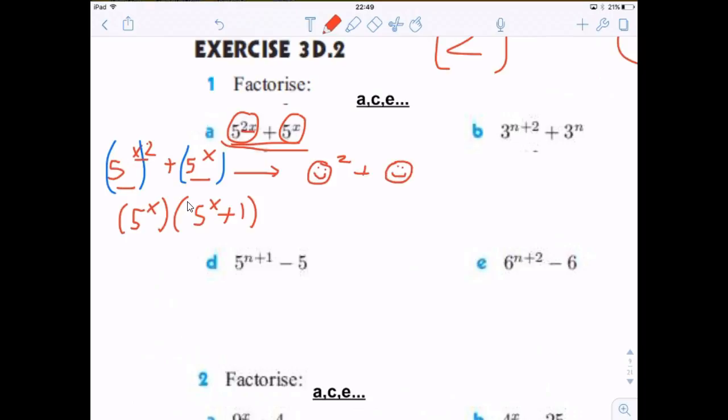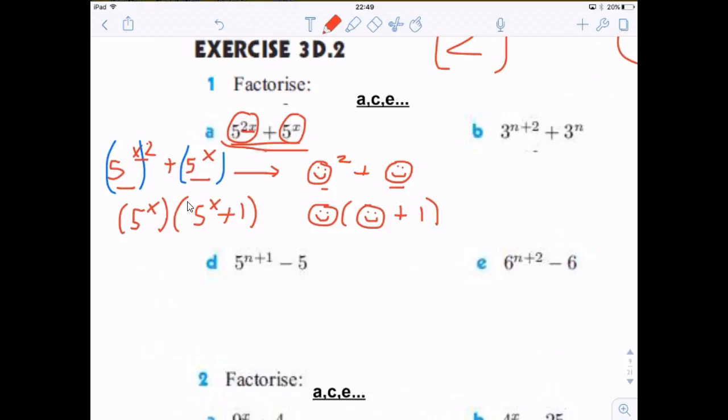So now I have happy face squared plus happy face. And now I'm going to factor out a happy face. If I factor out a happy face from happy face squared, I'm going to have happy face. If I factor out a happy face from just happy face, then I'm left with 1, right? Because 1 times happy face is happy face. Happy face times happy face is happy face squared. If you want to, you could just use t or some other boring variable like that.